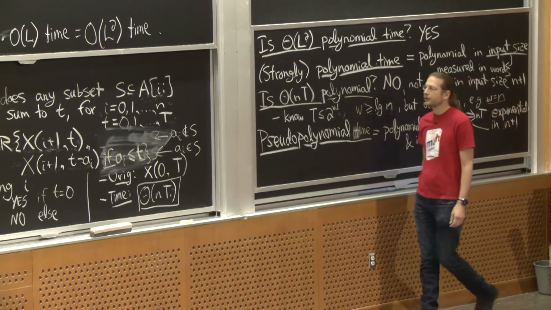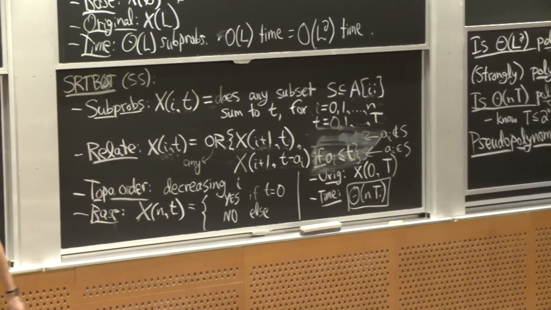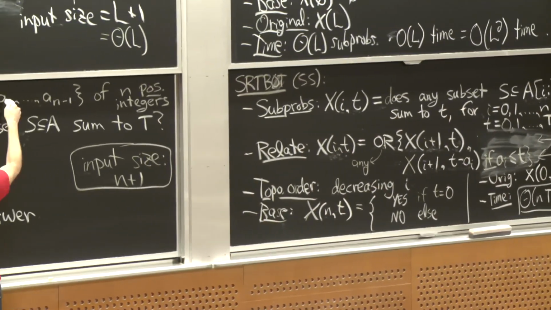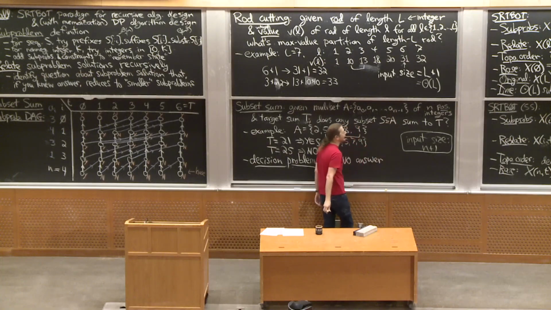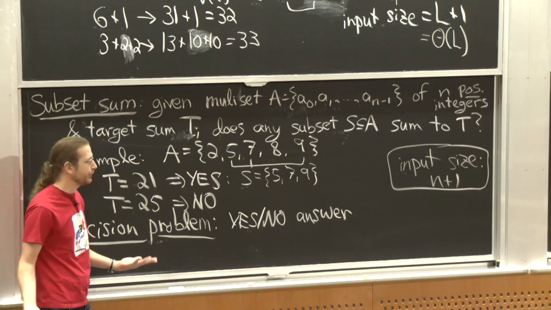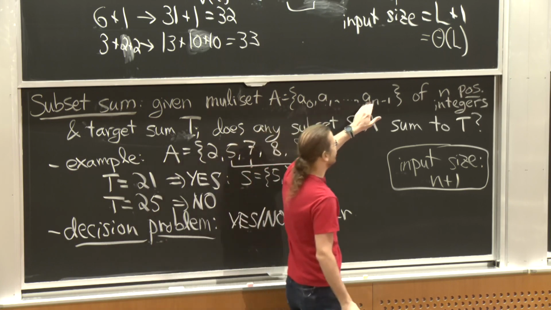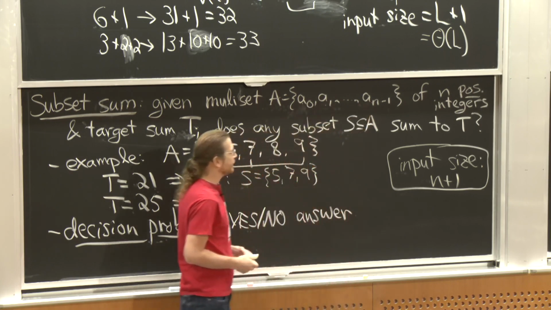In this problem, the input integers are capital T and a0, a1, up to an minus 1. So what we want now is a polynomial, or what some people call a multinomial, where our variables are all of these integers.